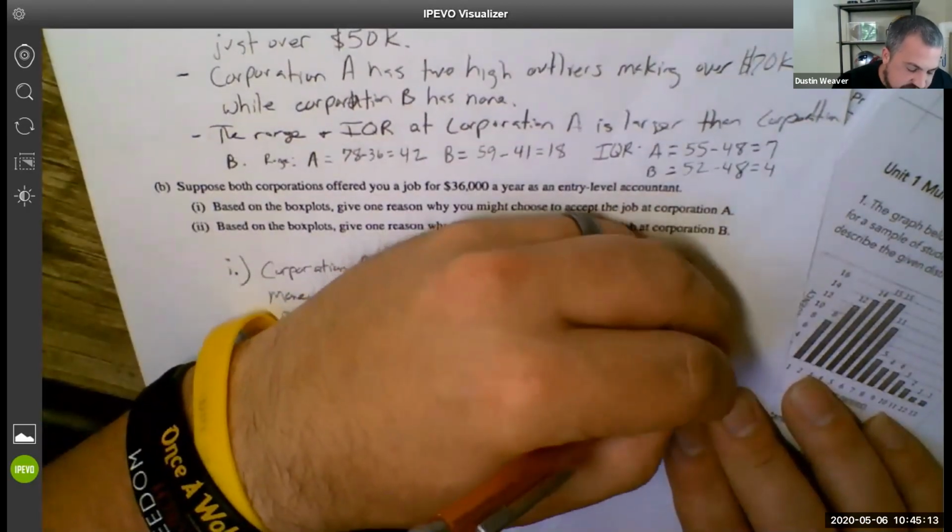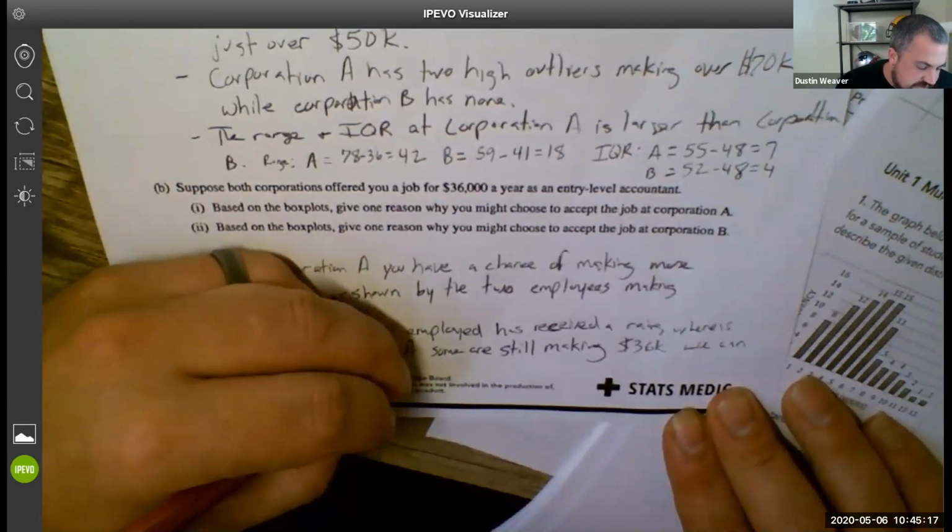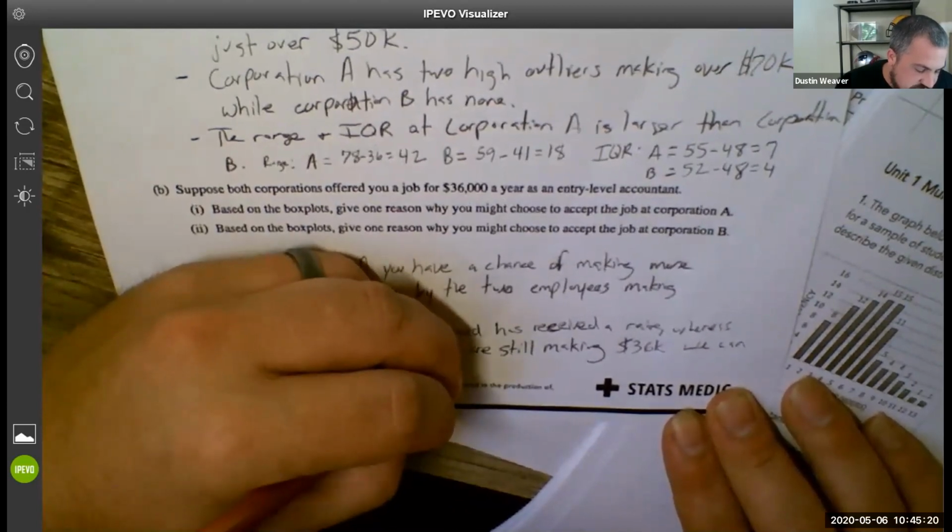And we can tell this by looking at their minimum values.